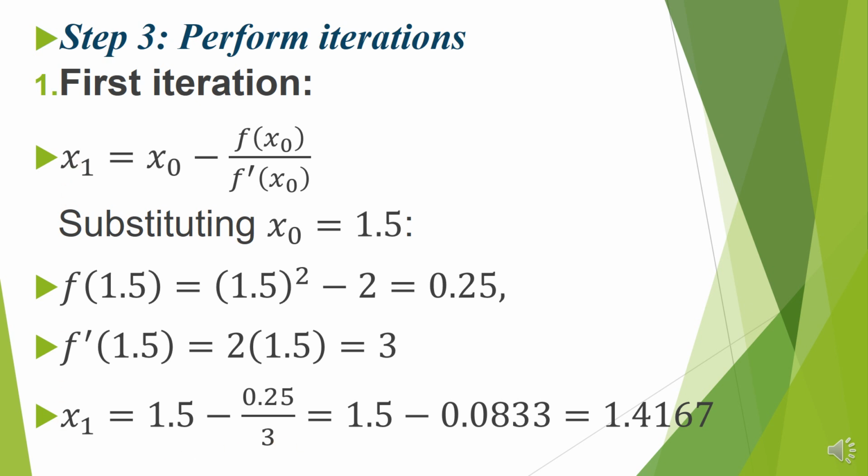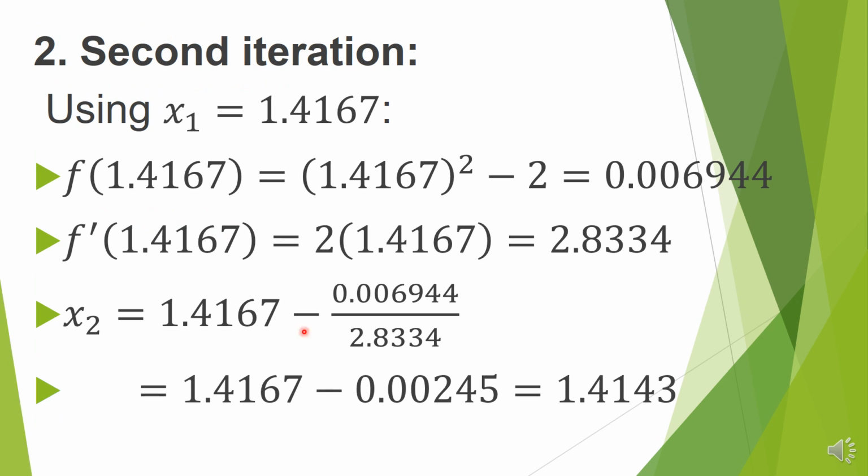Now with the same process we will find x2, then x3. Now using x1, you can see here we have the answer x1. Then we put the value of x1 in the function and we get these values. The same value x1 we put in the derivative function, then we simplify, then we get 2.8334.